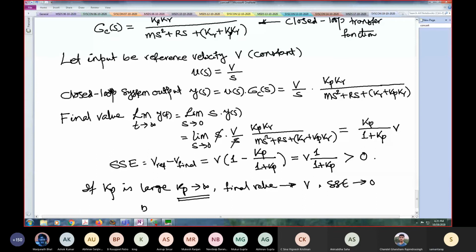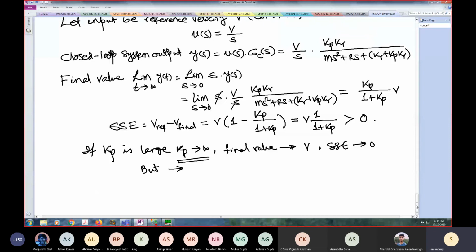But big problems. What happens if Kp is large? Number 1, overshoot increases. So that will increase the overshoot.